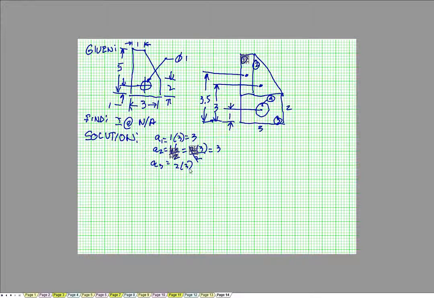So 2 times 3 is 6 inches, and area 4 is pi r squared, 3.14 times 0.5 squared, and that equals 0.7854. Total area is 3 plus 3 plus 6 minus 0.7854. That equals 11.21.